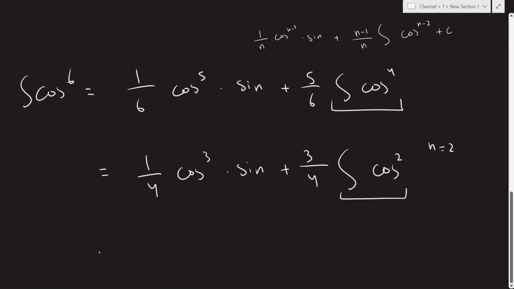So I'm going to replace this with 1 over 2 cosine, just cosine, times sine, plus n minus 1, which is 1 over 2, and the integration of cosine 2 minus 2, which is 0. Cosine power 0 is 1, and the integration of 1 is x, so it's going to be plus half x.